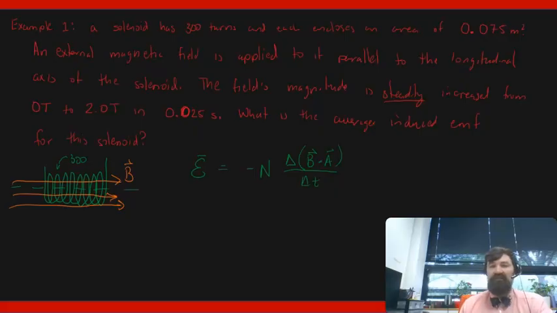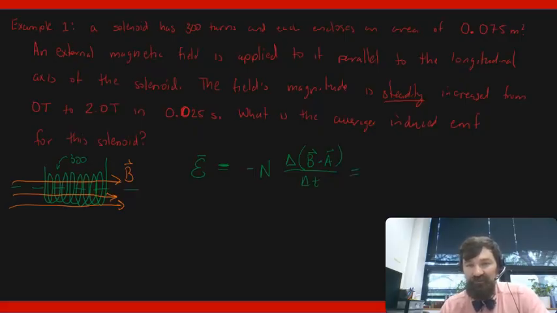The negative sign we don't really care about in this case because we're just being told it steadily increased, and we're trying to find the average induced EMF. It's just a magnitude, so this part is not so relevant because we don't have enough context to know the direction in which things are happening.